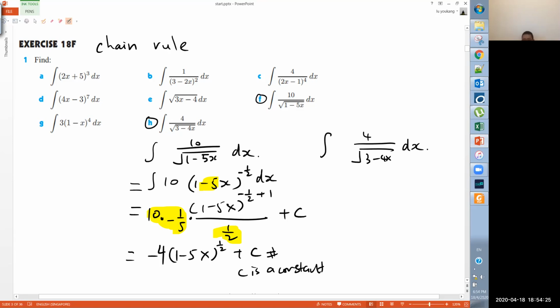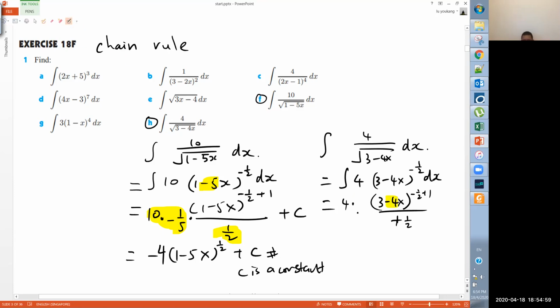Okay? Good. So over here, you do the same thing. You change this to a negative index first. After that, you start your integration. What you do is take out the 4. Then over here, you add 1 to the power, and then you bring down half. You know that when it comes to differentiation, the negative 4 will be taken out.